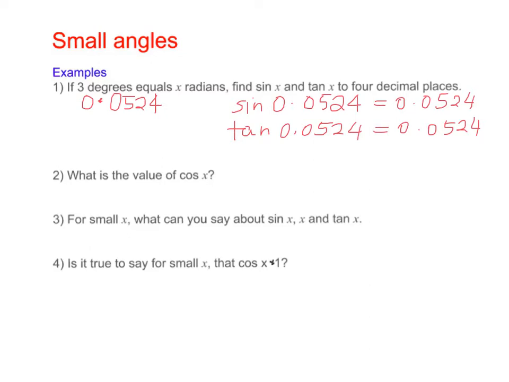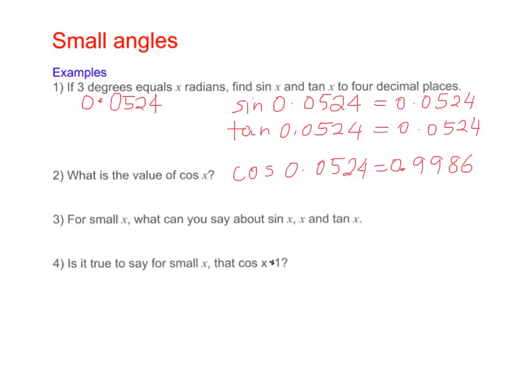And cos is not 0.0524. Cos of 0.0524 is 0.9986. So I guess that's roughly equal to 1.